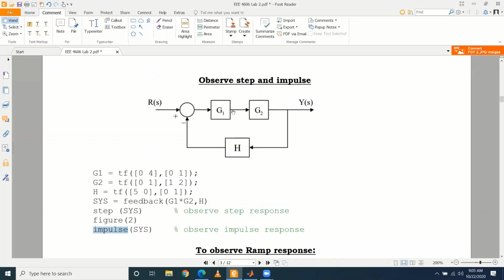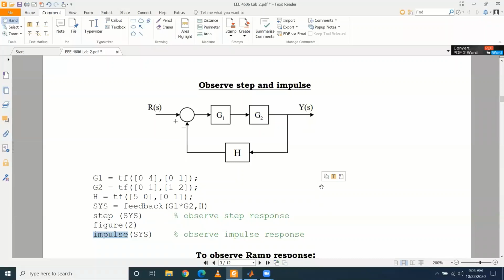Can anyone tell me what are the steps? G1 and G2 will be in series, first of all, right?